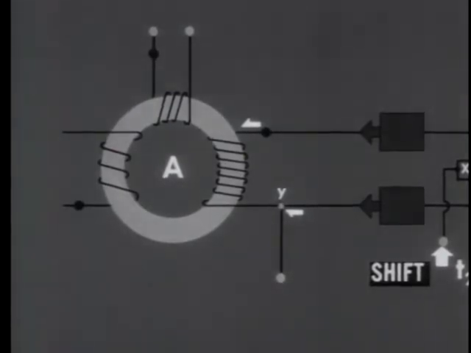Since core A is in the binary 0 state, that is, its magnetic flux is already negative, an additional pulse of dot current will have no practical effect on the core. There is a counter EMF induced in the winding when the pulse is applied, but because the change in flux is so slight, the counter EMF is negligible.